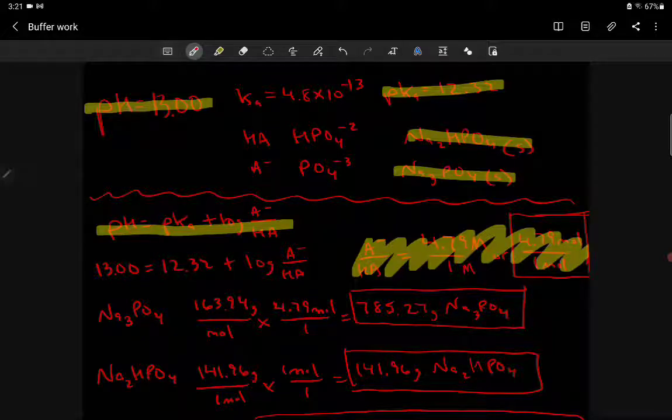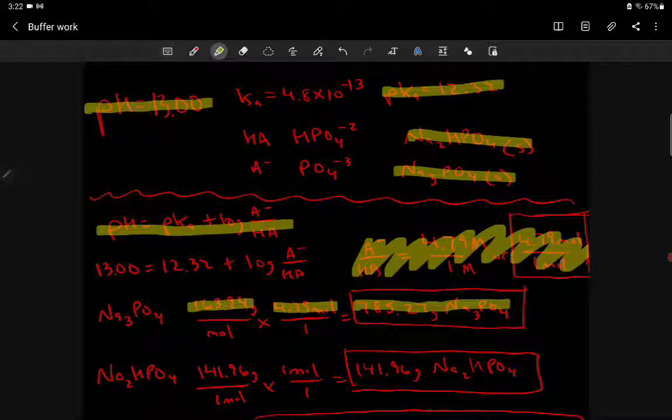Now, if I take that 4.79 moles, let's go back to my highlighter, and I go find the molar mass of the sodium phosphate, I would get this huge amount of grams. 785.27 grams is what I would need to weigh out. Could I possibly weigh that out and dump it into 100 milliliters and get that to dissolve?